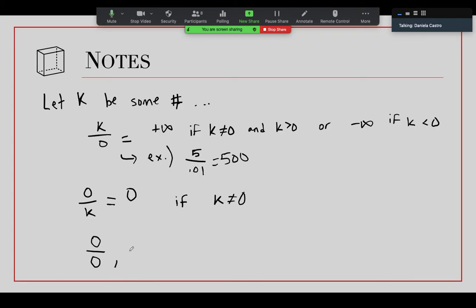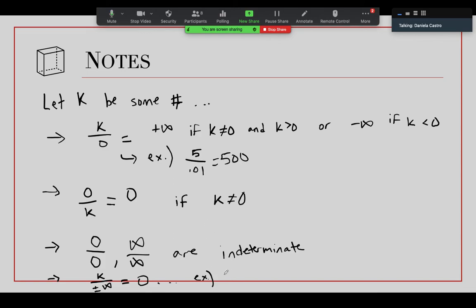So 0 over 0 and infinity over infinity are indeterminate. And we can add here to that end, if I have k over positive or negative infinity, I'm going to get 0. Let me show you an example.